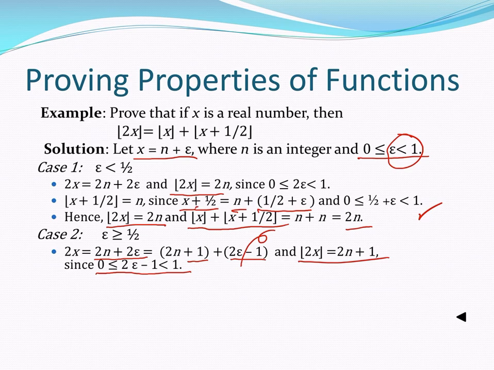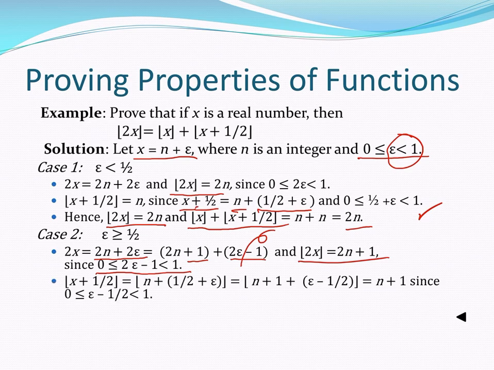And now let's take a look at x plus 1/2. Since x plus 1/2 is equal to n plus 1/2 plus epsilon, I can add and subtract a half. So I'll get n plus 1 plus epsilon minus 1/2. And we know that epsilon minus 1/2 will be between 0 and 1, so the floor function of x plus 1/2 will equal n plus 1.